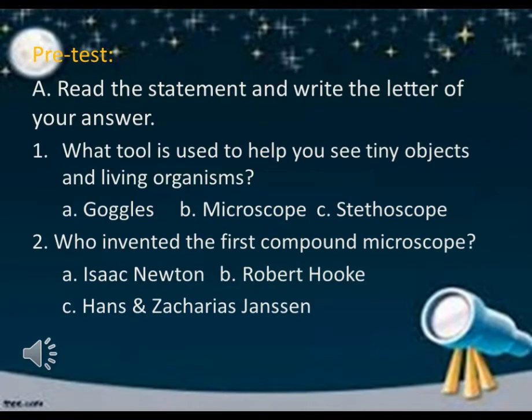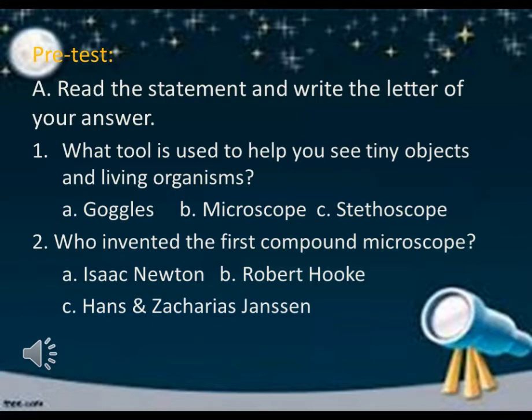Moving on with our lesson, let us see if you have retained some of the things you've learned from your previous grade level on microscope, who and how it started, for our 15-item pretest. It comprises two sets, A and B. For set A, read the statement and write the letter of your answer. 1.